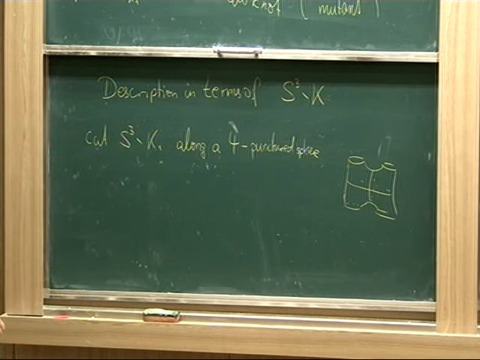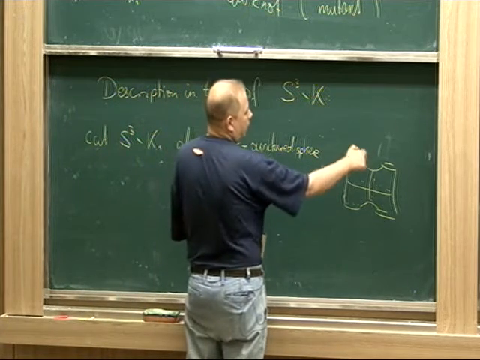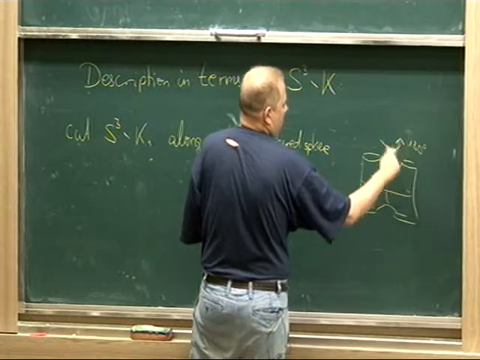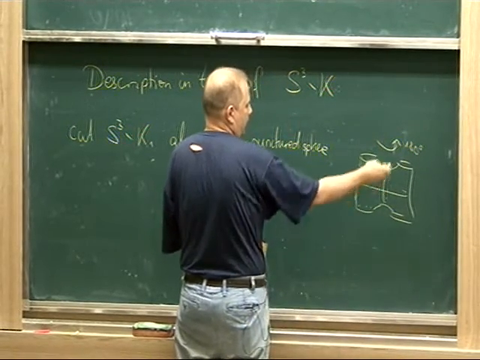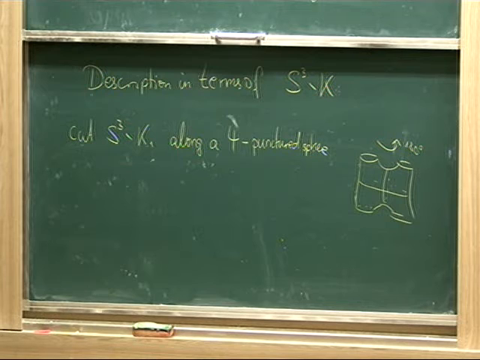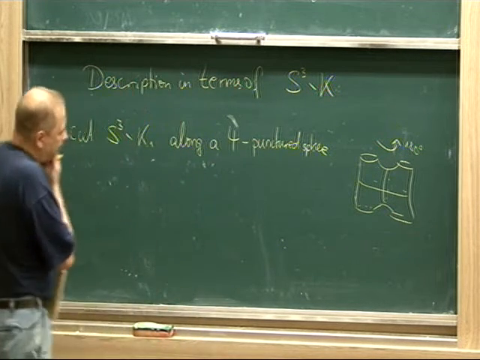And then for this 4-punctured sphere, you have three possibilities to rotate it by 180 degrees, either like this, or horizontally, or the composition of both.